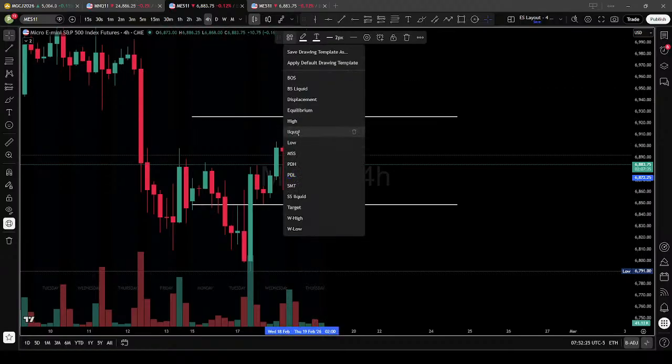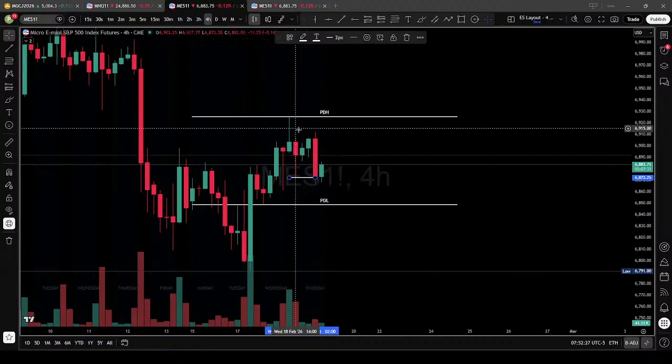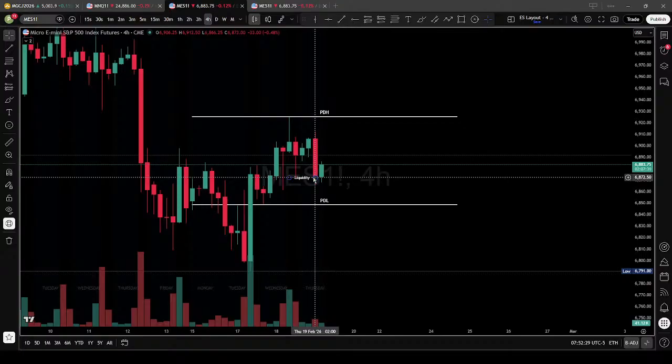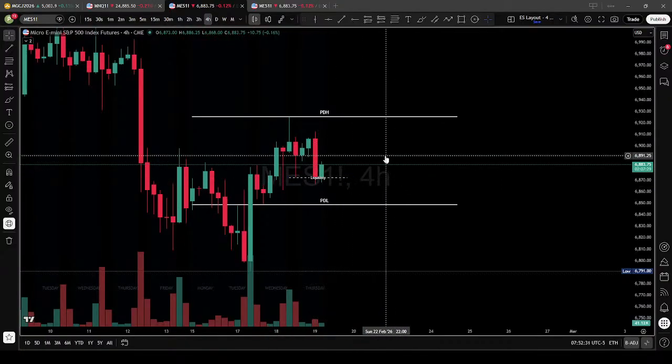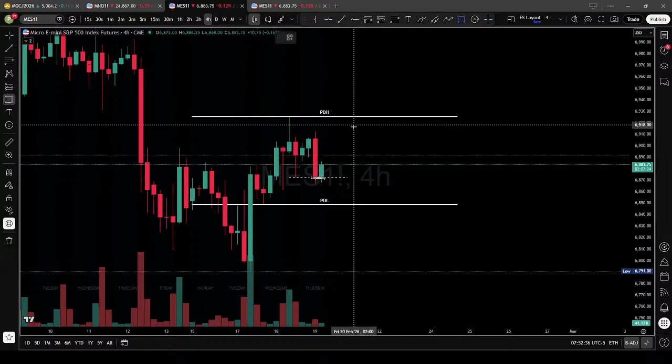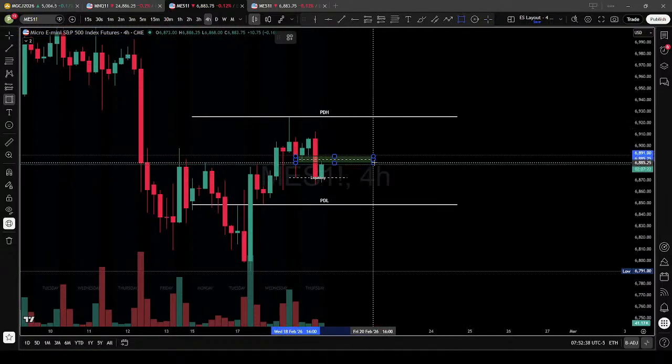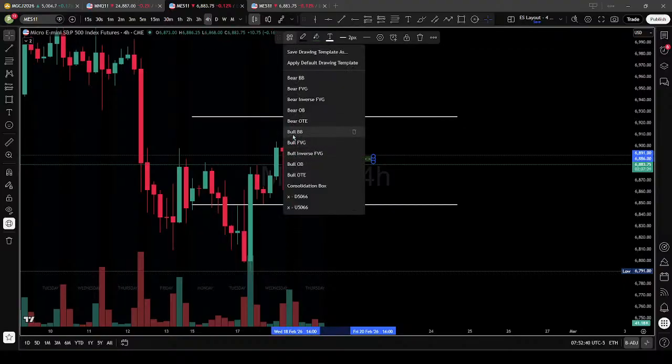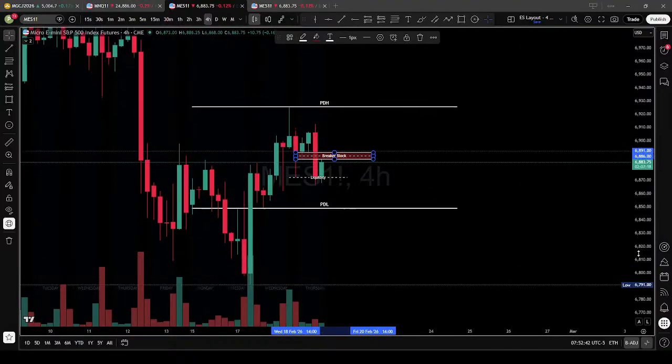Definitely there's this buy side liquidity, internal low liquidity, same thing, bear breaker block.